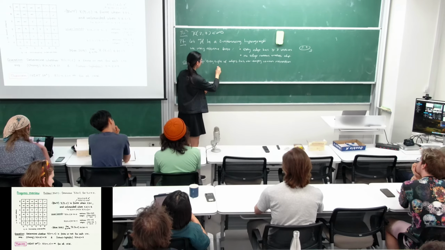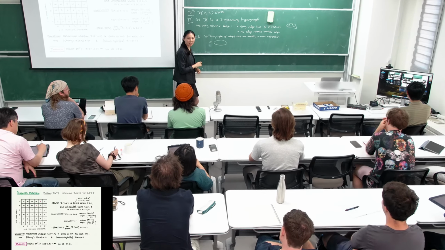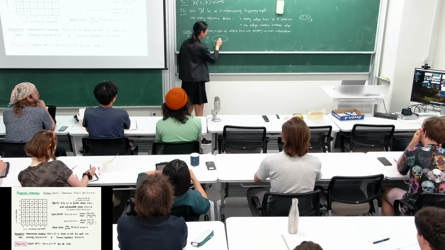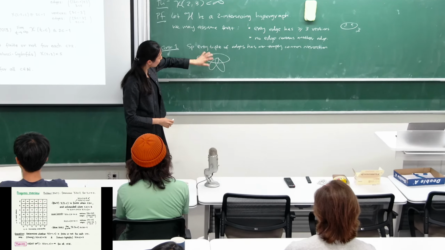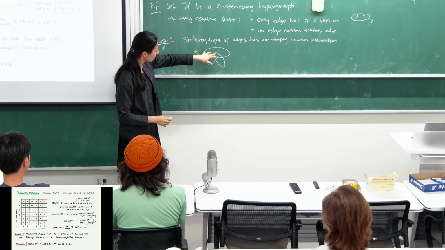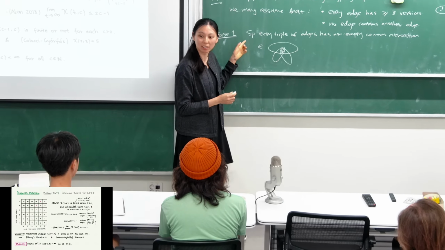So what I'll do is pick some edge E, which I'll just fix arbitrarily, and consider other edges intersecting it. In fact, all the other edges intersect it. If I have a situation like this where I'm looking at 2 other edges intersecting it, I know that this is non-empty by assumption, right?